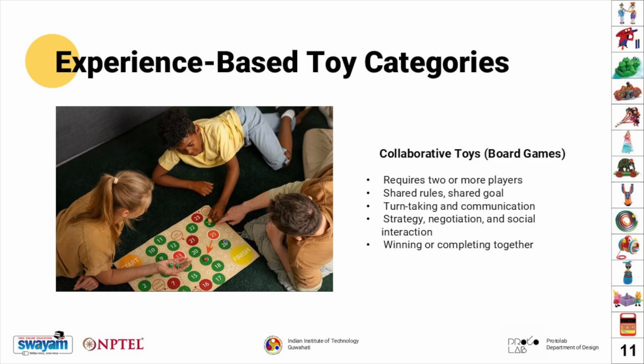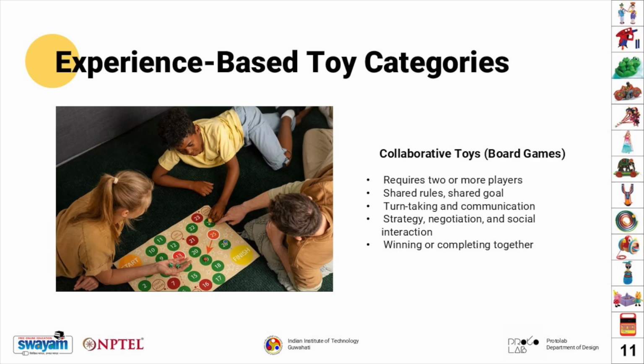a board game is inherently collaborative because the experience only works when players interact. The board tokens, die rolls, and movement rules structure the play, but the fun happens between people.